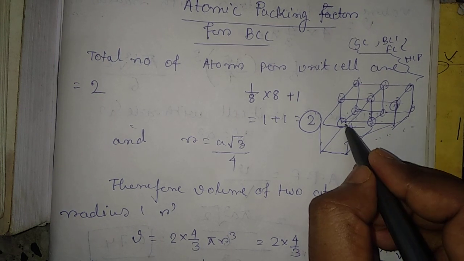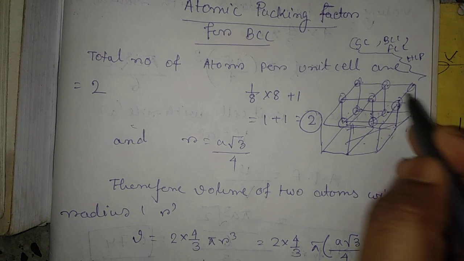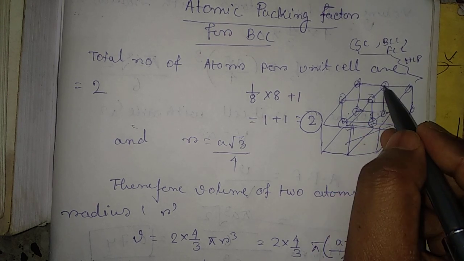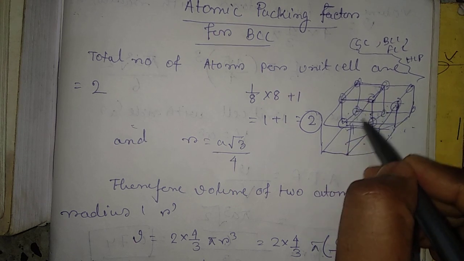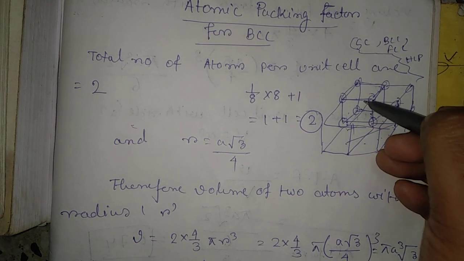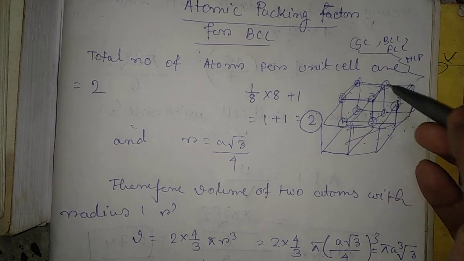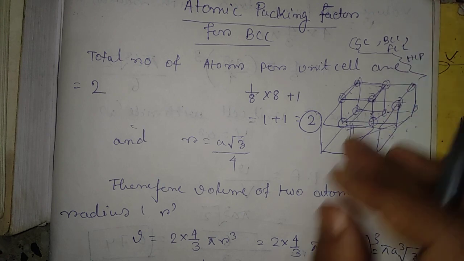In this manner you can draw it. Suppose this is one unit cell of the BCC structure. What you see is that the 8 corner atoms are shared with the 8 neighboring sides.